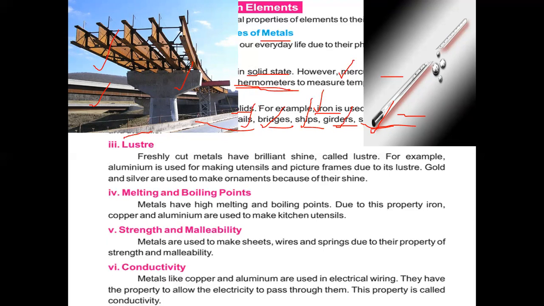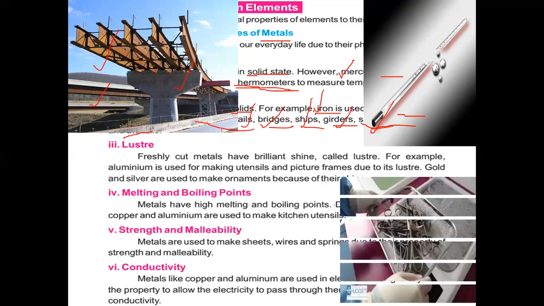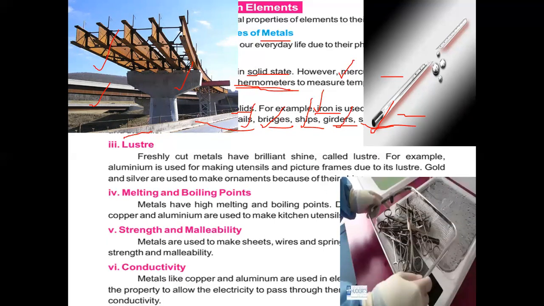That's why iron is changed into steel, which is called alloy formation. We will see it in a few minutes. We also use steel to make these surgical instruments. These are all made up of steel.